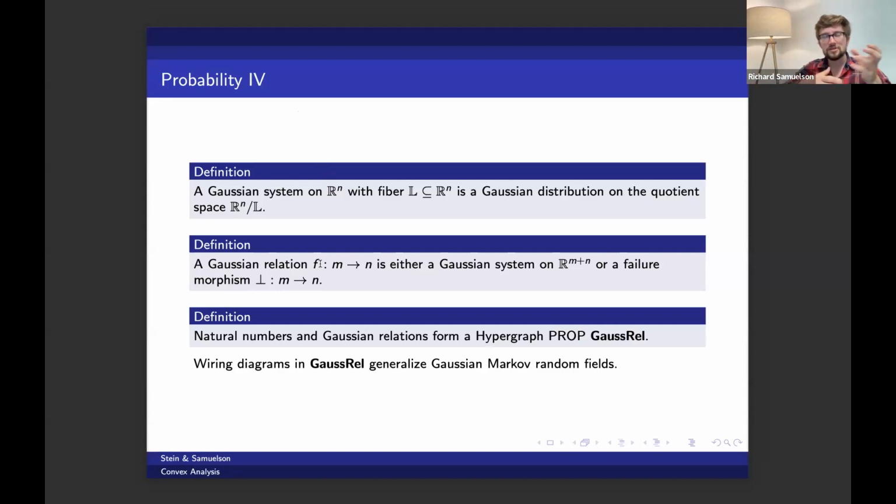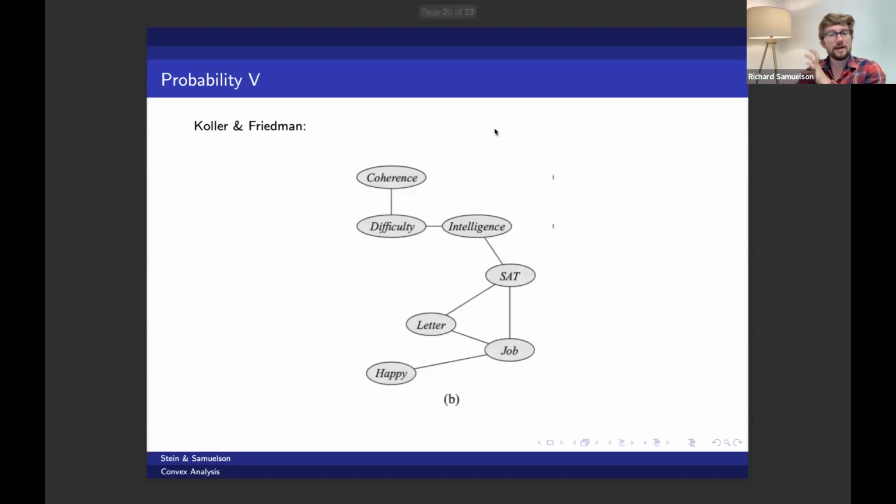The difference is that Bayesian networks are somehow directed and Markov random fields are somehow undirected. So this is an example. Again, what you should think about when you see this image is that the boxes are wires and two boxes are connected by an edge if those wires are connected by a morphism. But there's no arrows here. So it's a sort of undirected wiring diagram.